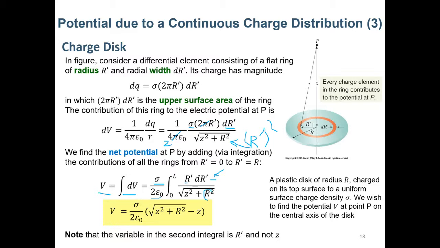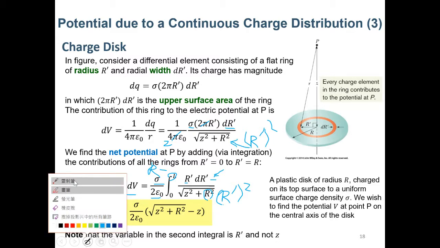And similarly, this one should be r prime squared. And this L should be capital R. This L should be capital R. So there are 3 typo mistakes on this side.